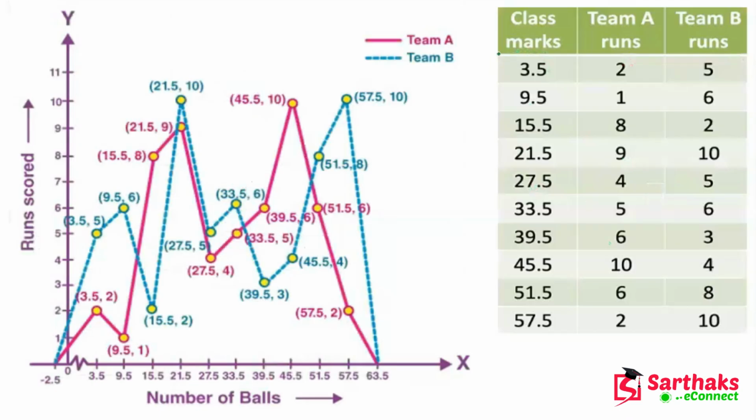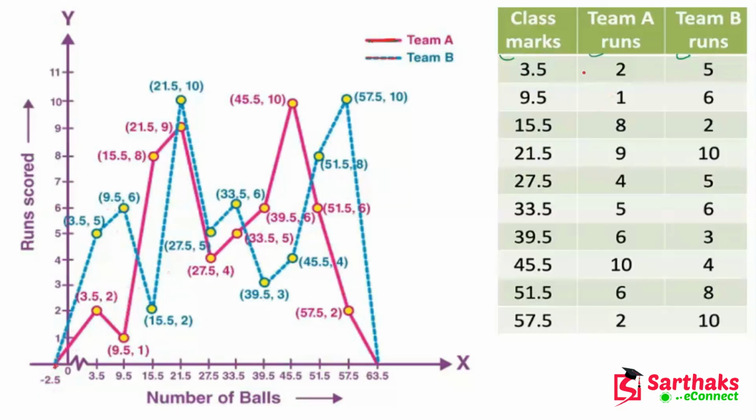Now let's draw the diagram. Here we have class marks, team A runs and team B runs. You can see there are two lines. This line represents team A and this line represents team B. First we plot the first point, minus 2.5 comma 0, the starting point of these two graphs.